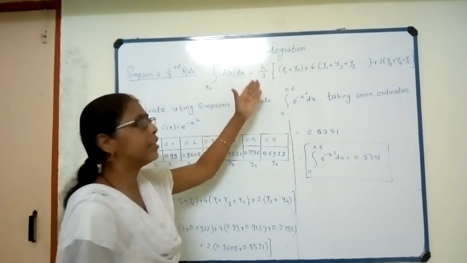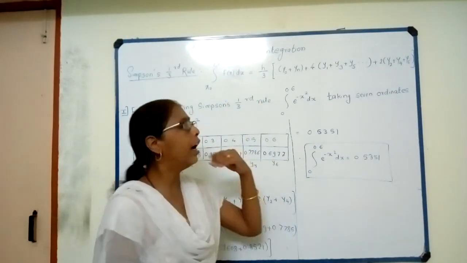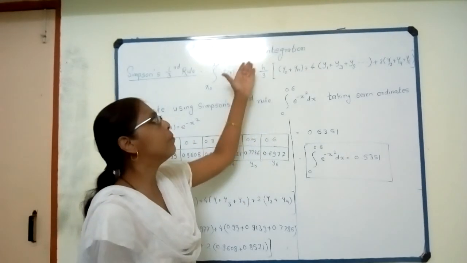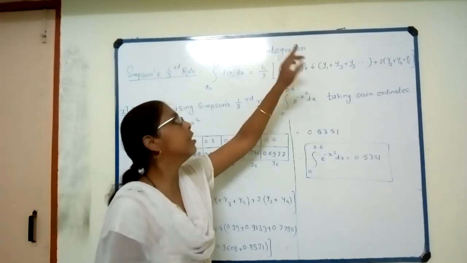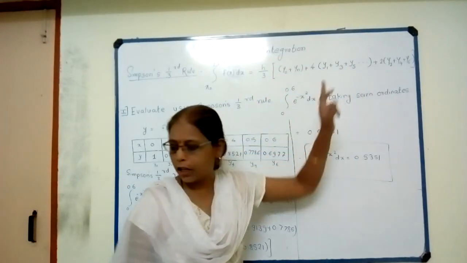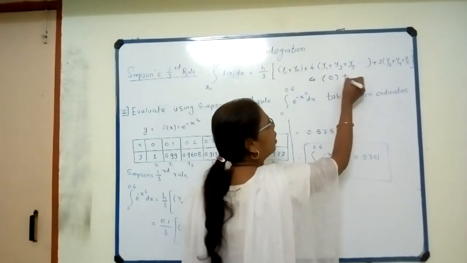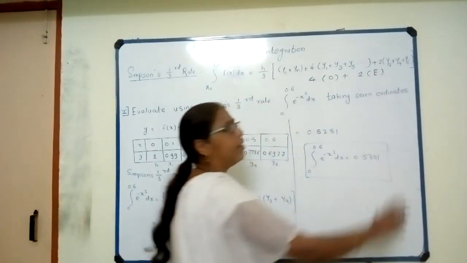Means h by 3, Simpson's 1/3 formula. Again, h by 3 first plus last plus 4 times odd plus 2 times even values.